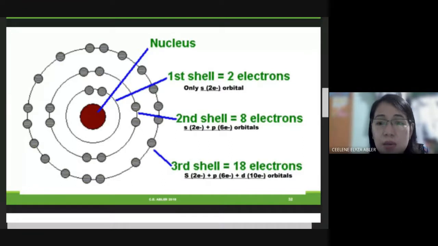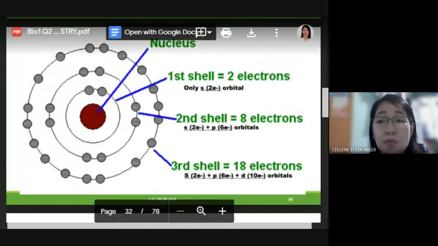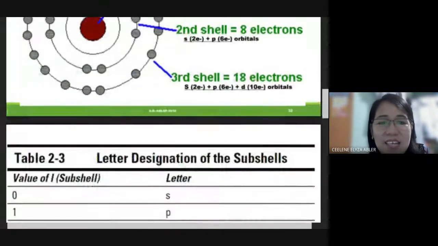Okay, meron din tayong F, which is for the heavier elements, which is only important for the study of quantum physics, pero wala na sila masyado sa biological. So at third shell tayo lang magdi-discuss muna. Okay? So gagamitin lang yan sa quantum physics. Alright?